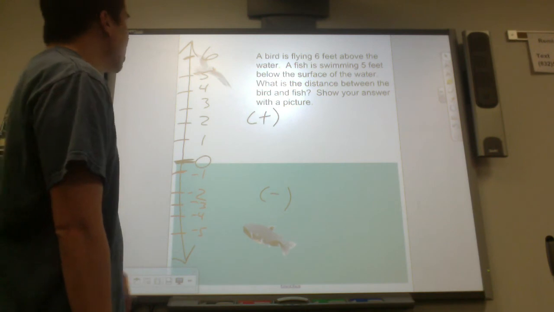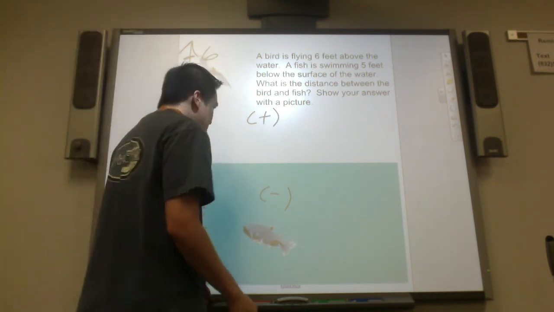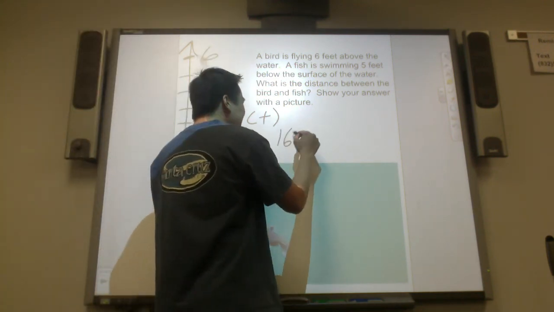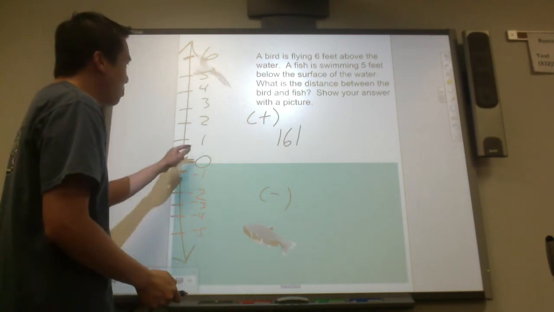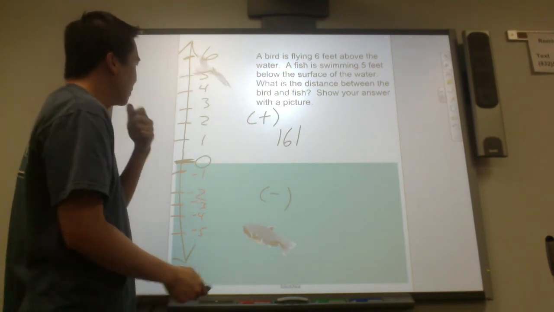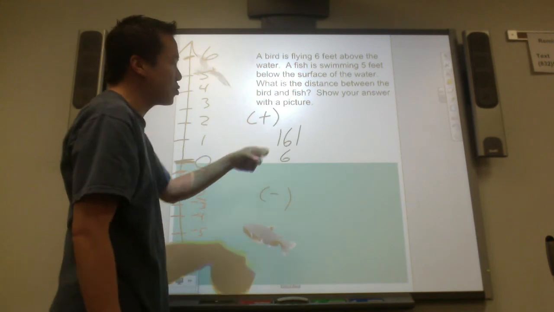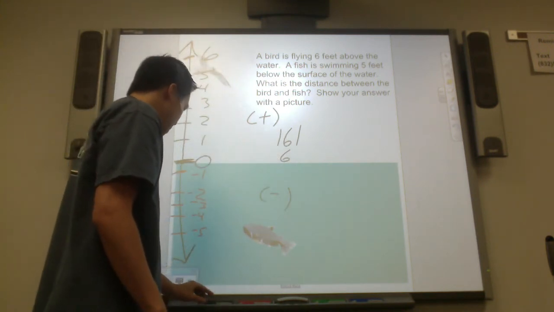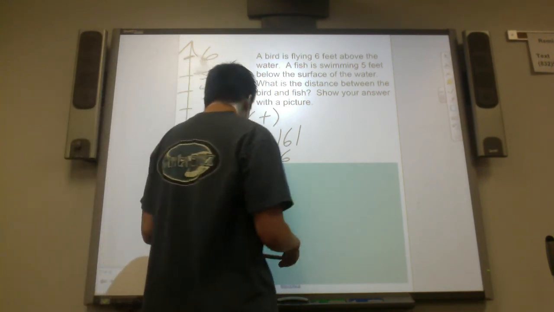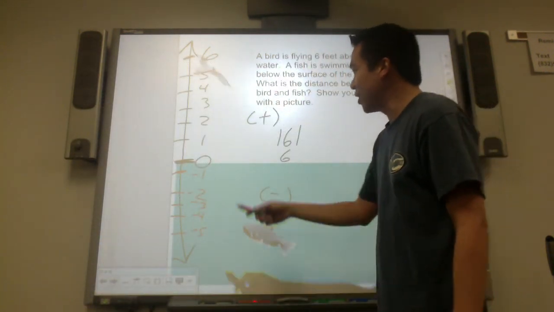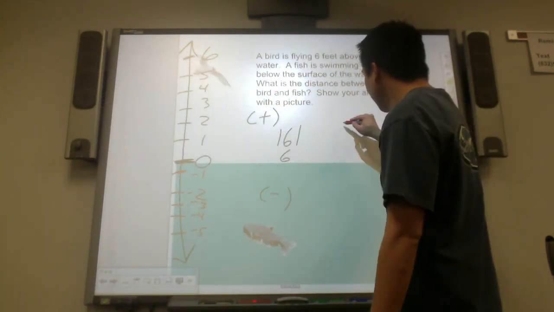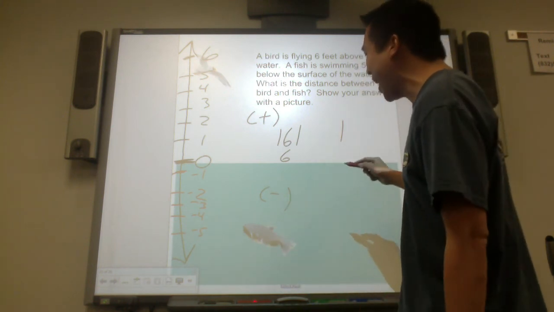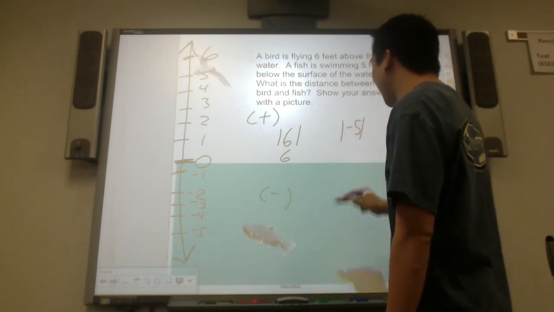So what is the distance? Let's do the first one. The bird, what is his distance from 0? 6. So the absolute value of 6 is 6. The fish, what is his distance from 0? Let's find the absolute value of negative 5.